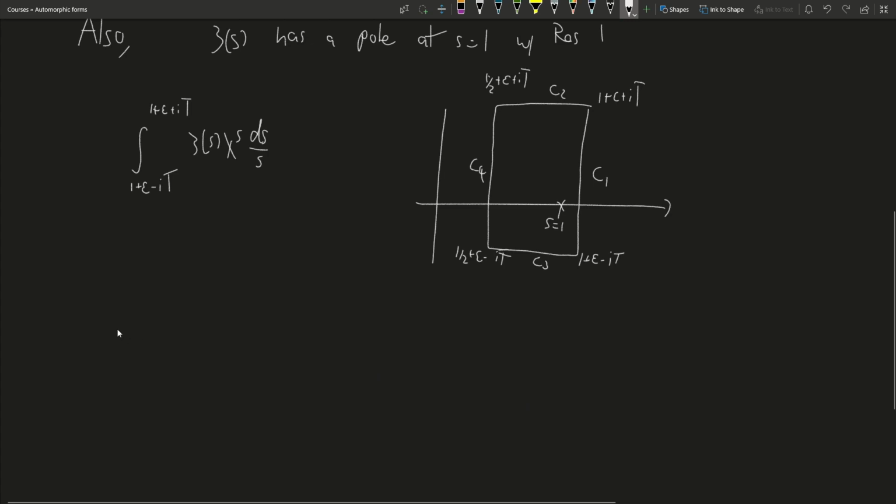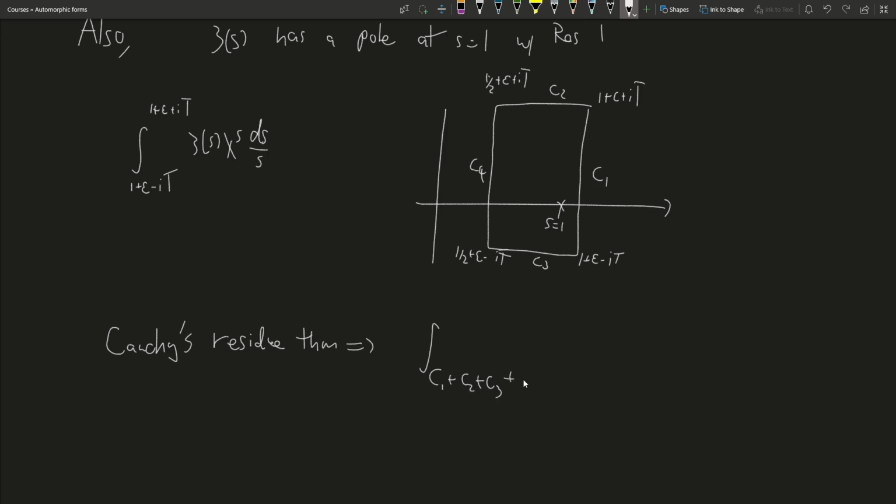And Cauchy's residue theorem implies that the integral along C1 plus C2 plus C3 plus C4 of zeta of s x to the s ds over s, so of course x to the s ds over s has no poles in this region, so it's just going to be, well, let me put 1 over 2 pi i here, equal to the residue at s equals 1 of zeta of s x to the s over s, which is just x.